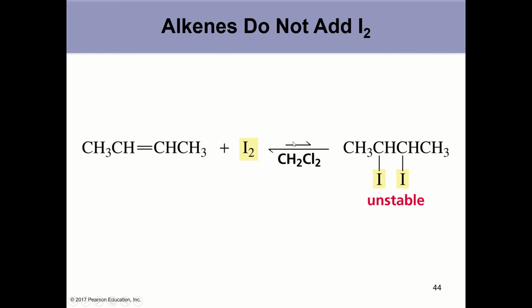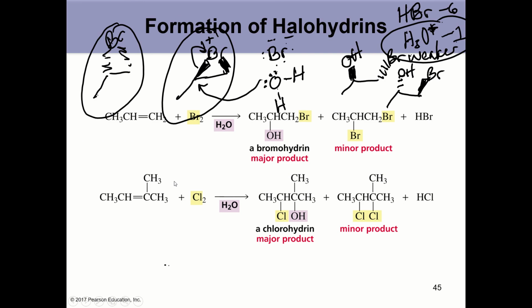Note the reaction arrows. The diiodide is not the favored product. Instead, the alkene is the favored product. The equilibrium constant for formation of the diiodide is way less than 1, and because it is so small, we know that the reactants are favored.